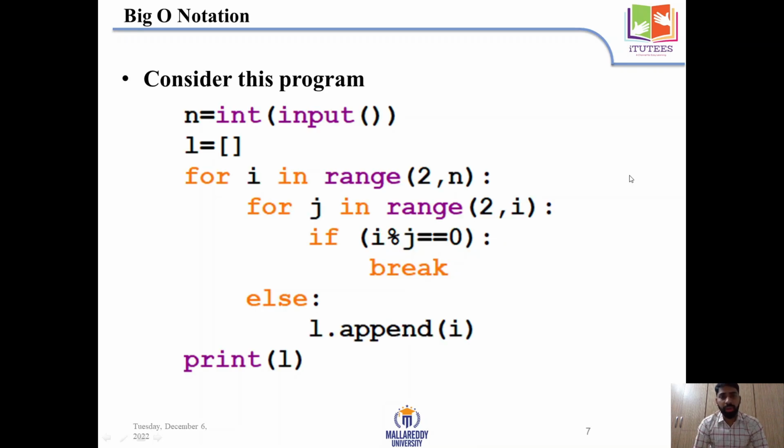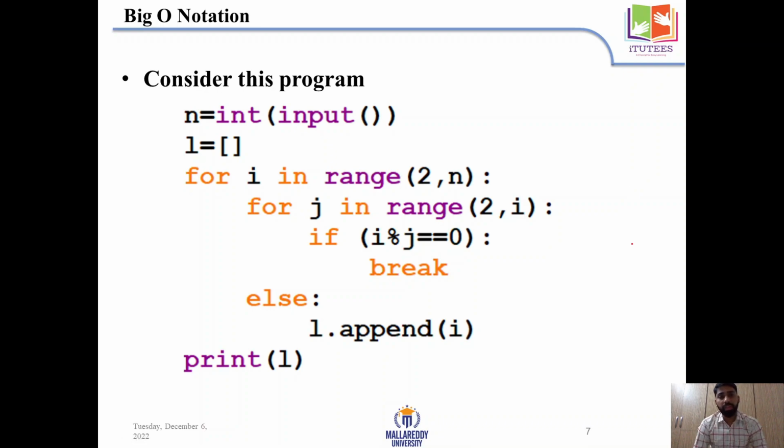So this is the program to find the prime numbers and store all the prime numbers in a list L. Now, based on our previous experience, you understand that if there is one for loop and we process up to n, that is big O of n. If there is no for loop, then the time complexity is big O of 1.